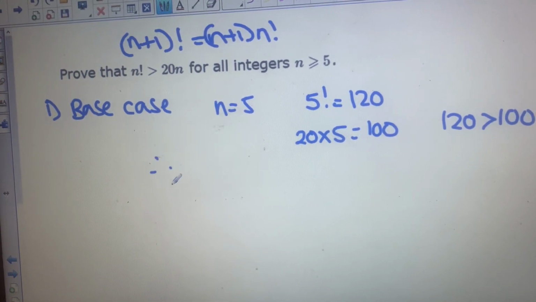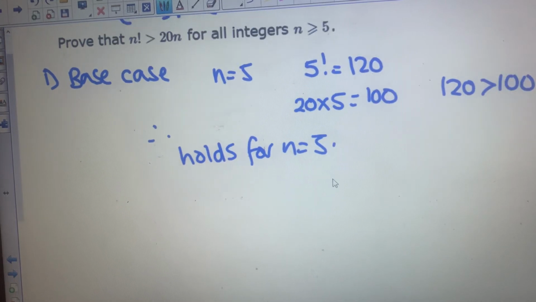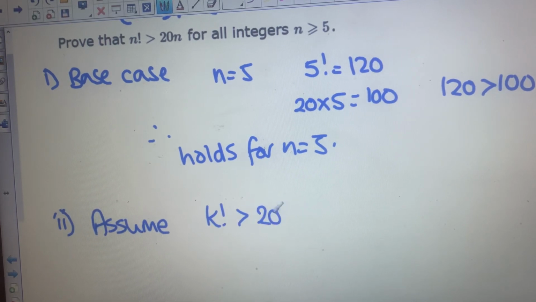Therefore, this holds for n equals 5. Right, our inductive step now. We're going to assume that k factorial is greater than 20k, importantly for all integers where k is greater than or equal to 5.